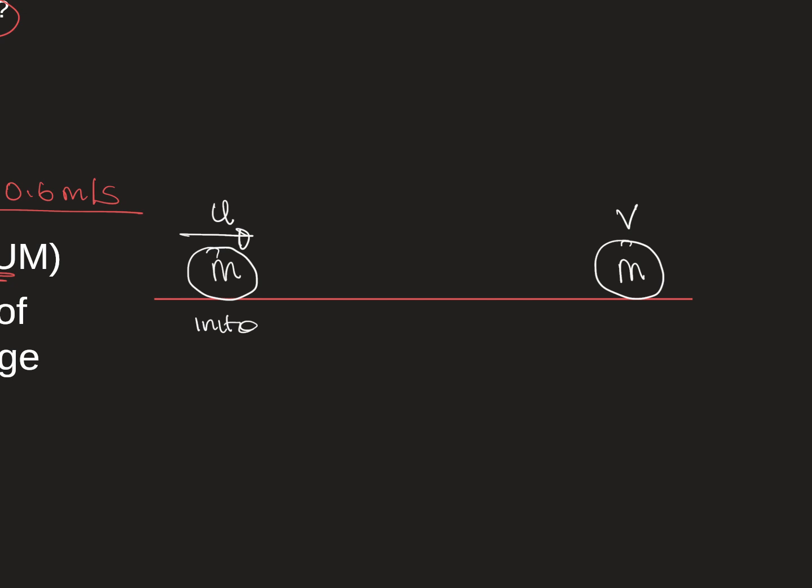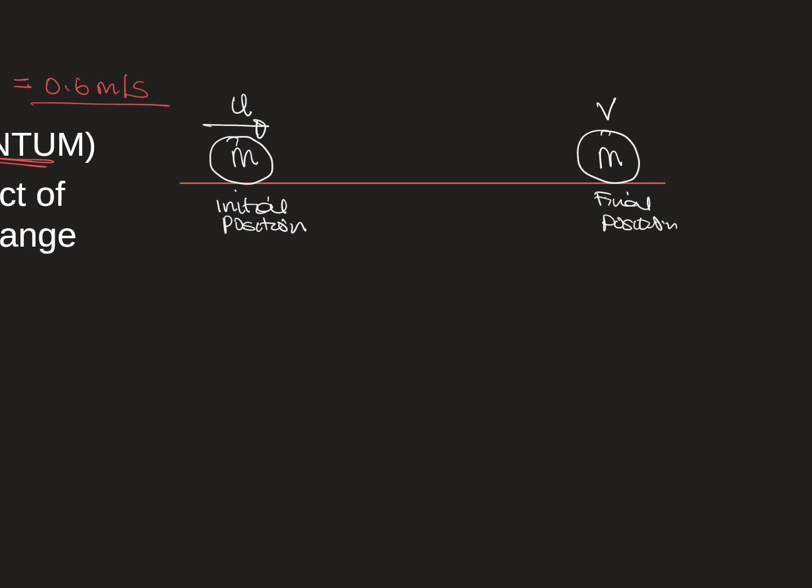This is the initial position and this is the final position. So the initial momentum, P initial, will be mass times the initial velocity u.